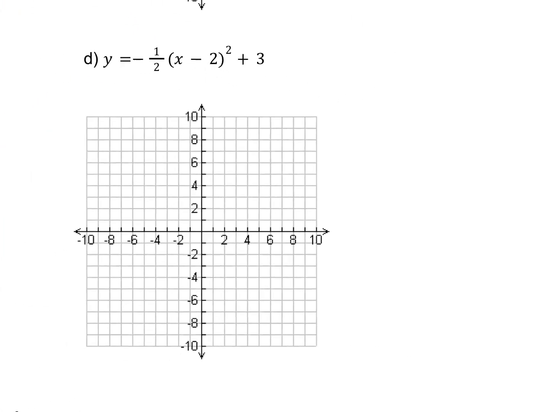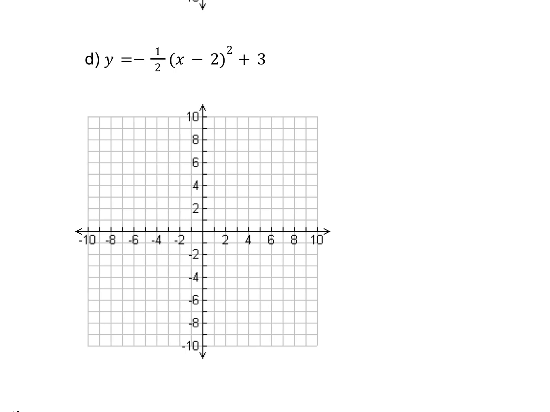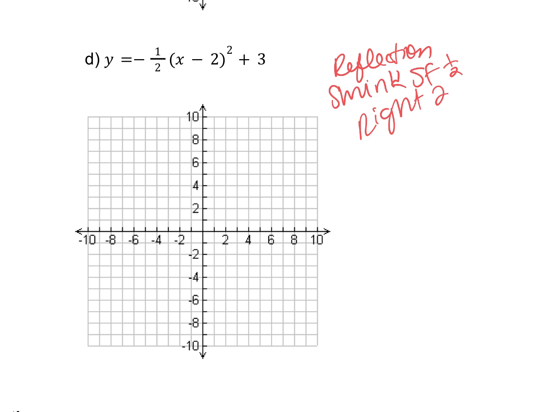Okay, now this one we've got, what is this? So a lot. Reflection, shrink with a scale factor of 1/2, right 2, up 3. Since there is a shrink, I'm going to do my little table. This is a reflection, so instead of going over and up, this is going to go over and down.